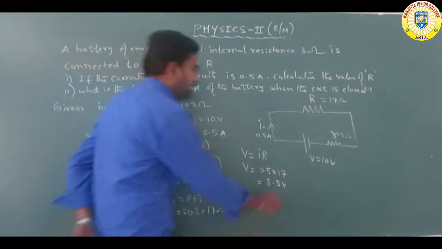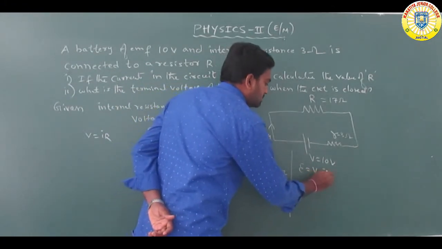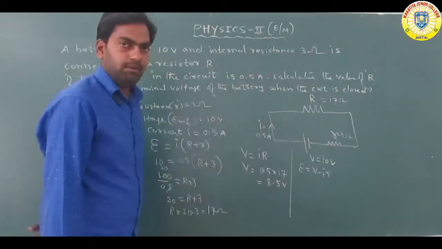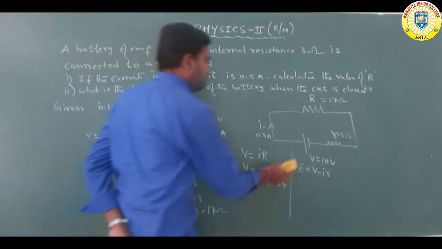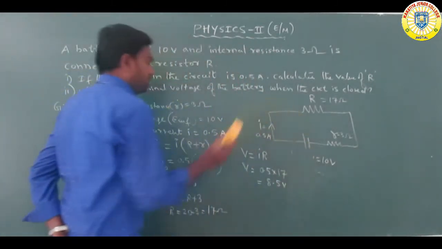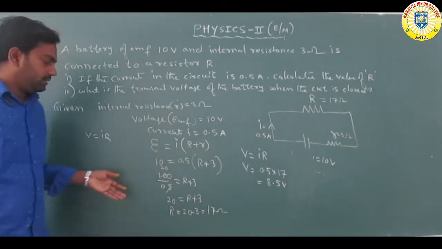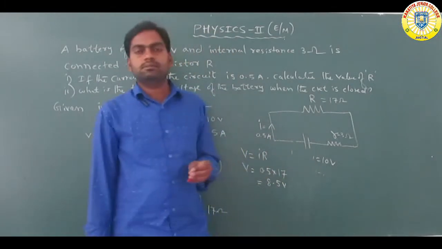Simplifying, we also get E is equal to V plus Ir. So the terminal voltage is 8.5 volts and the external resistance in the circuit is 17 ohms.